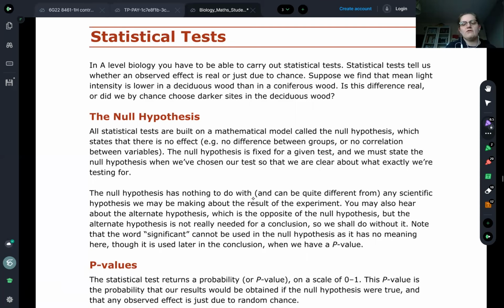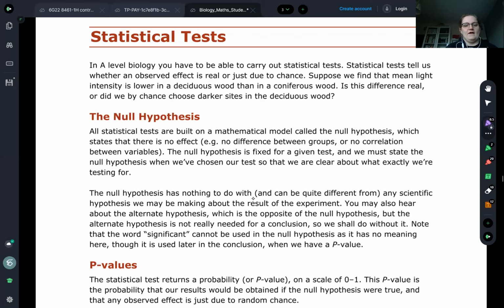You're probably really used to hearing of hypotheses all the time. A hypothesis is, I hypothesize that if I give my plant water and sunlight, it's going to grow better than a plant that I don't give water and sunlight to.